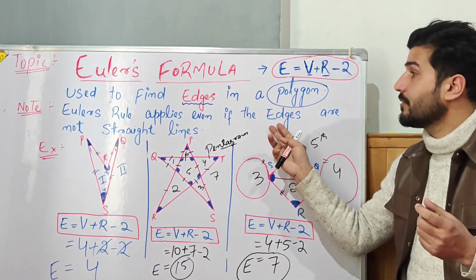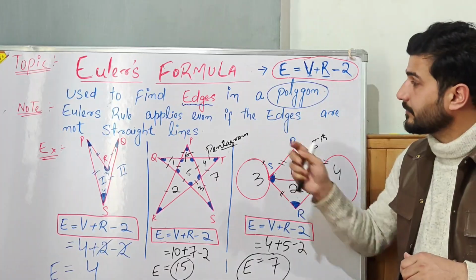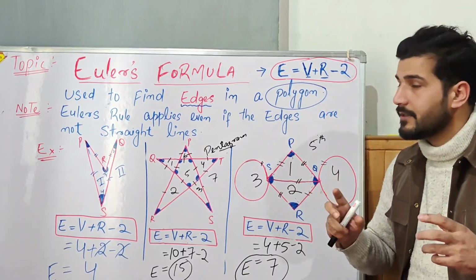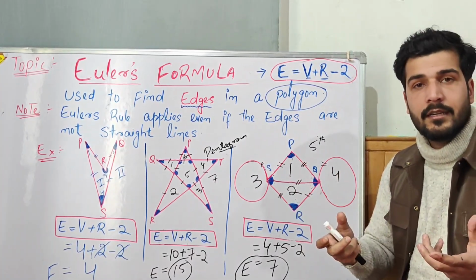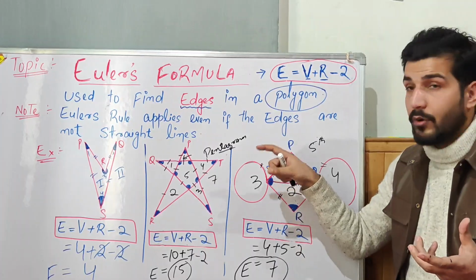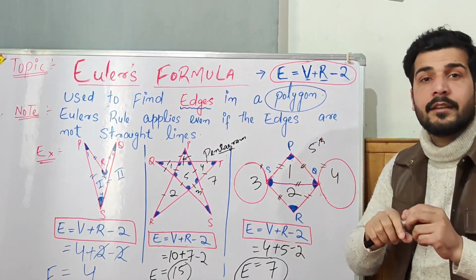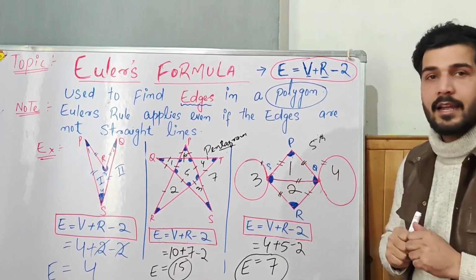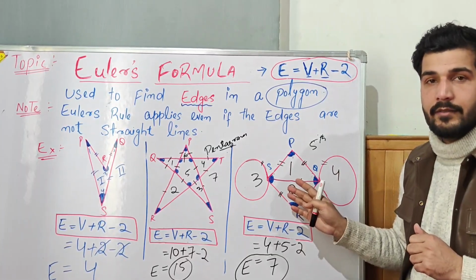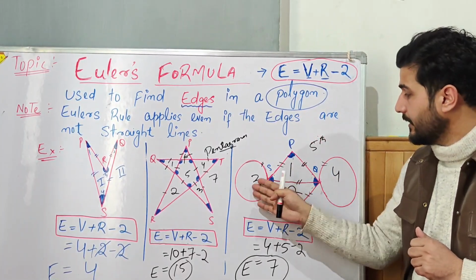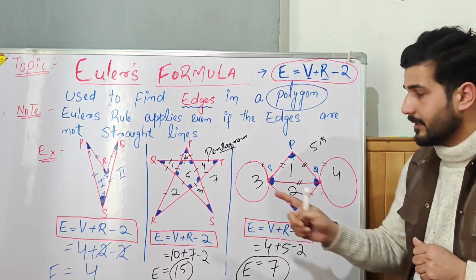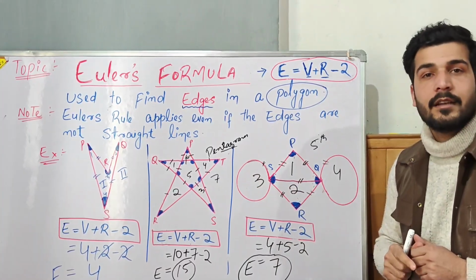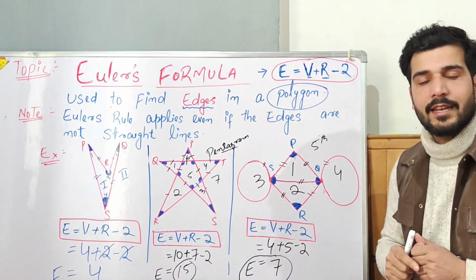And the second most important thing is that Euler's formula is not only applicable to polygons having straight edges, but also to polygons having curved edges. And we have examined that very thing in this polygon with curved edges. I hope you understood. See you in the next session.